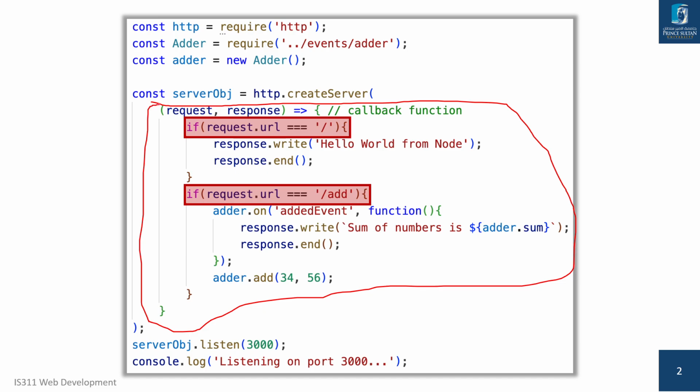We can identify those requests based on the URL, and we also need to look at the type of the request. We have different types of HTTP requests, so based on the URL and the type of the request, we can process that request in a different way.